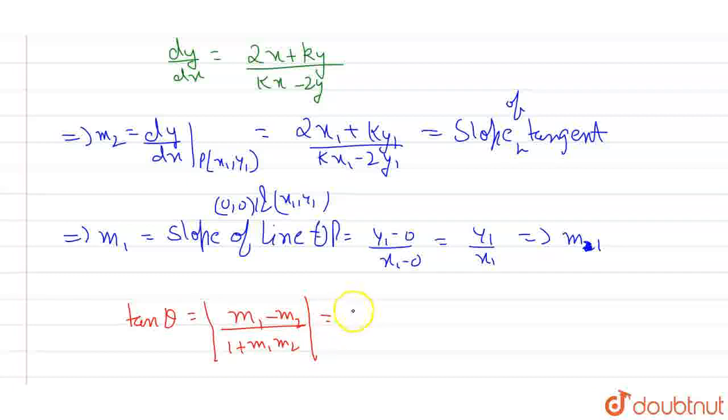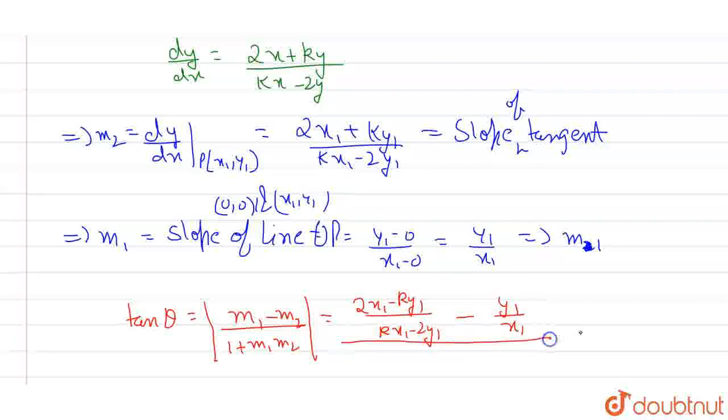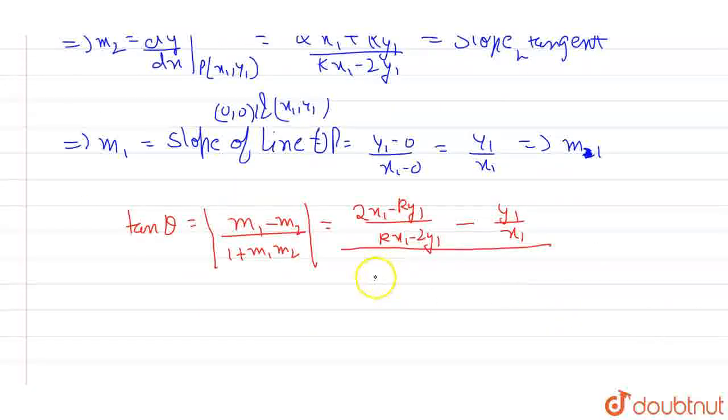It means that we can write it down as twice of x1 minus k y1 divided by k x1 minus twice of y1 minus y1 by x1, with the denominator of 1 plus twice of x1 minus k y1 divided by k x1 minus 2y1, with the product of y1 by x1, right.